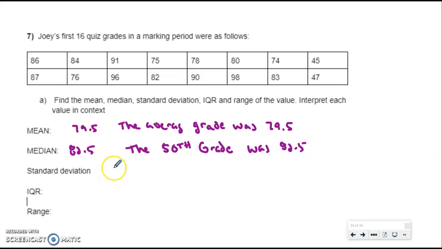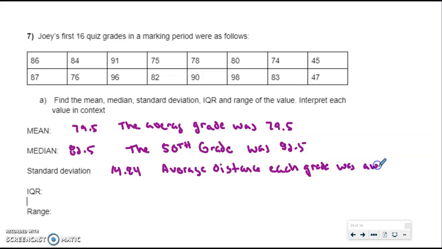My standard deviation I got was 14.84. So the average distance each grade was away from the mean was 14.84. So there is some variability going on there.